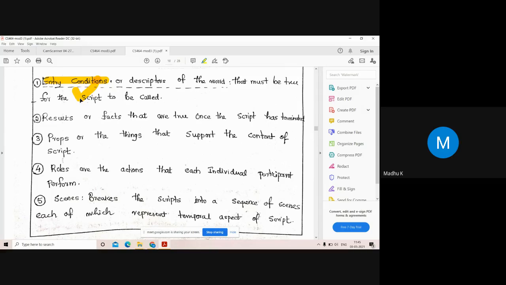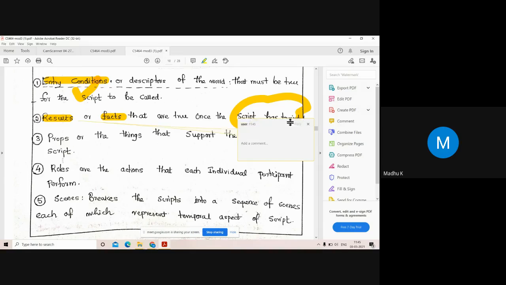The second one is result or facts, which are true once the script has terminated. After executing the script, it should produce a result or fact. That is the second component.